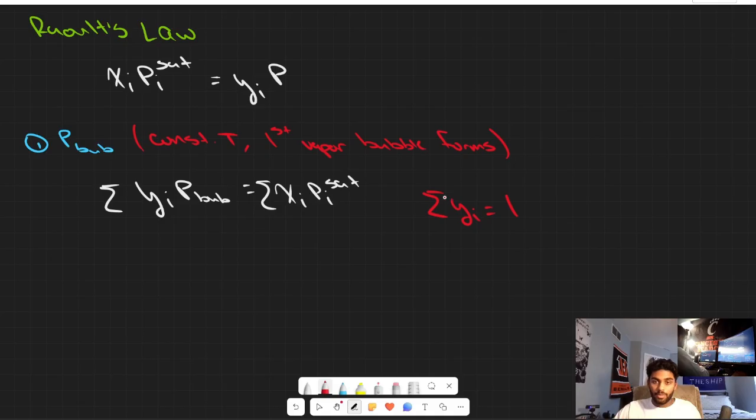If we take the summation of all the vapor mole fractions, every mole fraction in the vapor phase, that should equal 1. That's Dalton's law. So because of that, we set this equal to 1, and what we are left with is that the bubble pressure is equal to the summation of i components times its saturation pressure at temperature T.